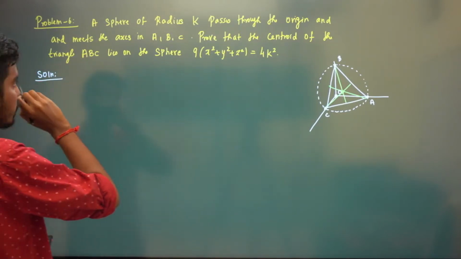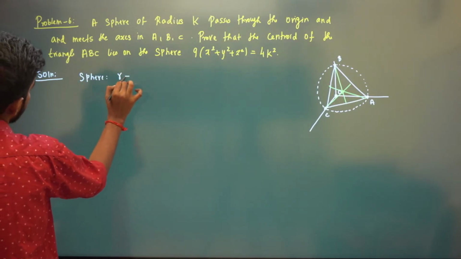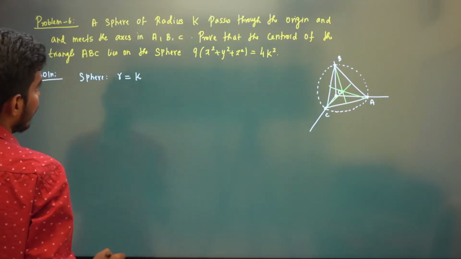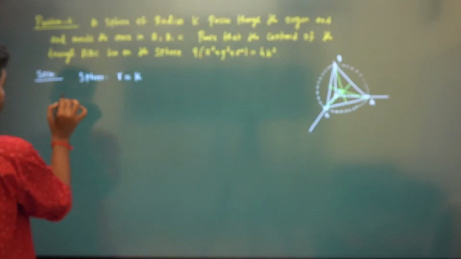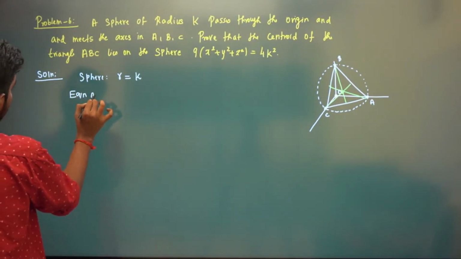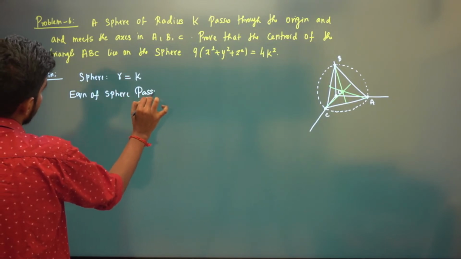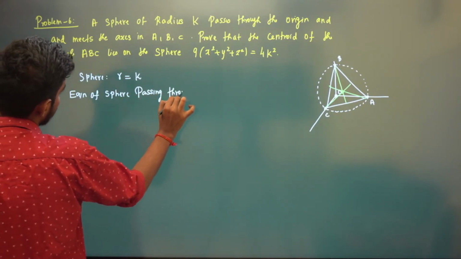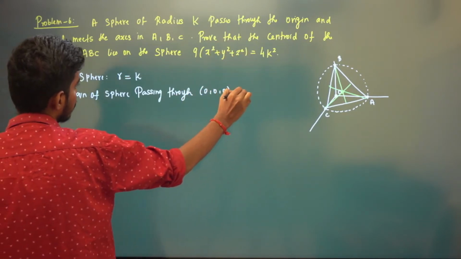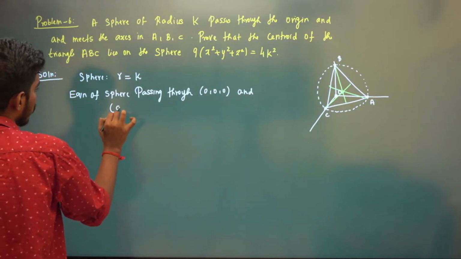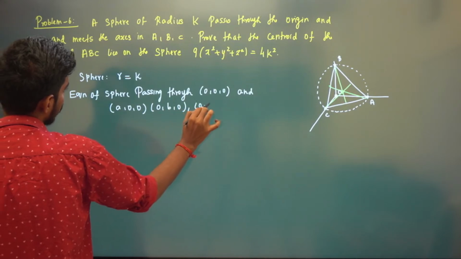It is given that the radius is k and the sphere passes through the origin and meets the axes in A, B, C respectively. That means the equation of the sphere passing through (0, 0, 0), (a, 0, 0), (0, b, 0), (0, 0, c) is needed.